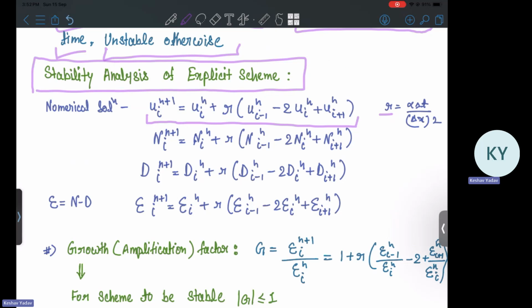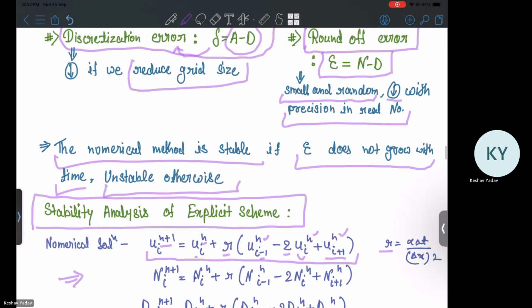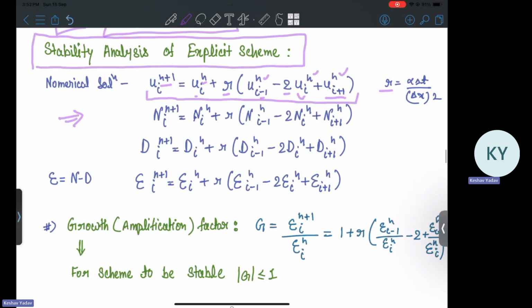Then u_i at (n+1)th will be equal to u_i at nth plus r multiplied by u_(i-1) at nth minus 2 u_i at nth plus u_(i+1) at nth. If I do this calculation in a finite precision machine, what will I get? I will get some solution N_i at (n+1)th equal to N_i at nth plus r, same term.